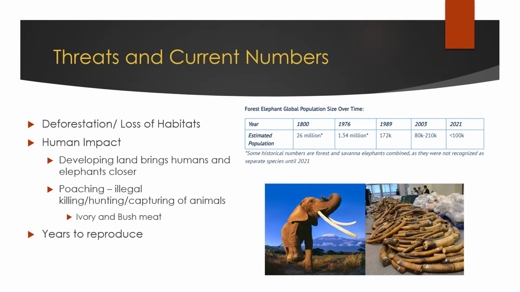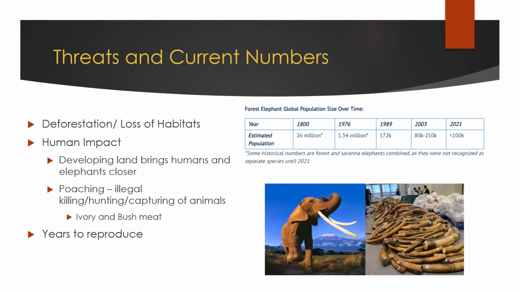Up until pretty recently, both African forest elephants and African savanna elephants were categorized into one species, just African elephants. In the 1800s, their population numbers were in the 26 million. As of 2021, which is when they were able to be distinguished, specific numbers for African forest elephants are under 100,000.